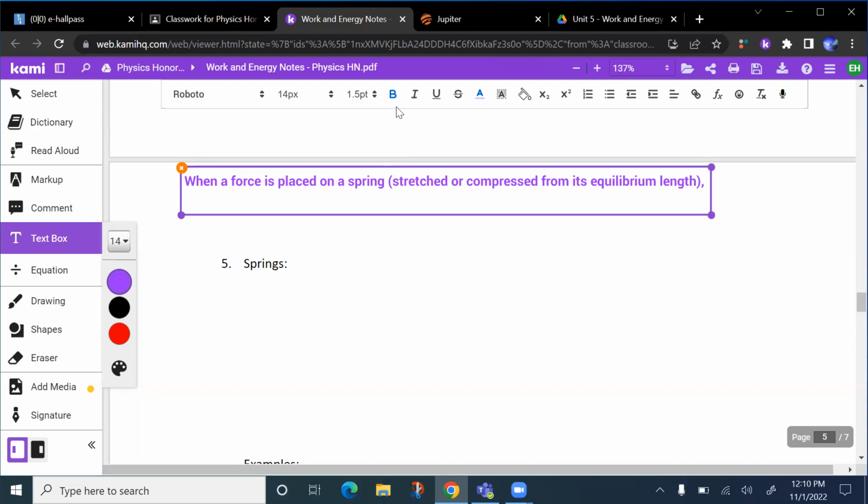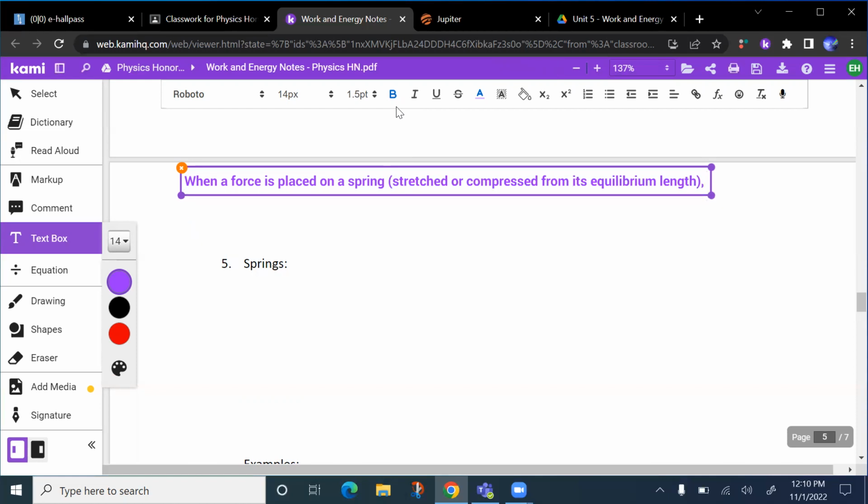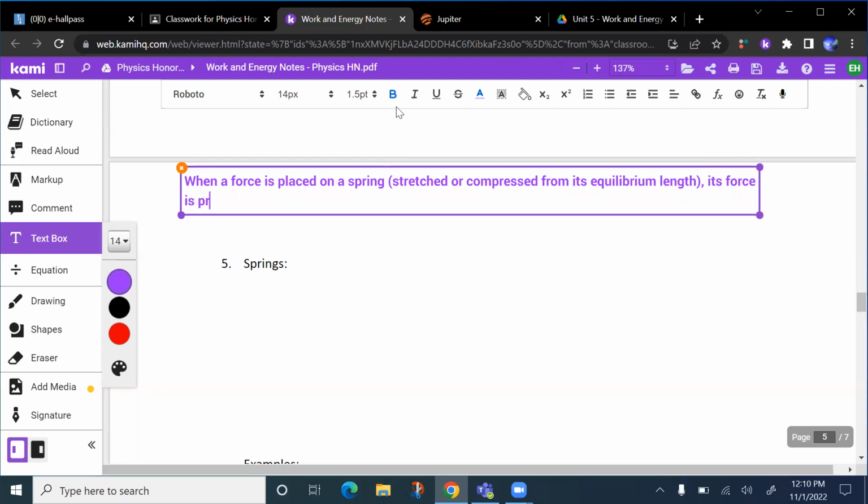When a force is placed on a spring, its force is proportional to the distance stretched or compressed.